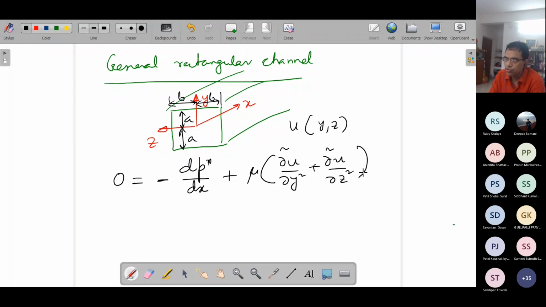Now it will be both y and z derivatives for the shear stress because of the dependence of u on z. With this slight adaptation, the simple analytical solution we presented in the previous case is not possible.